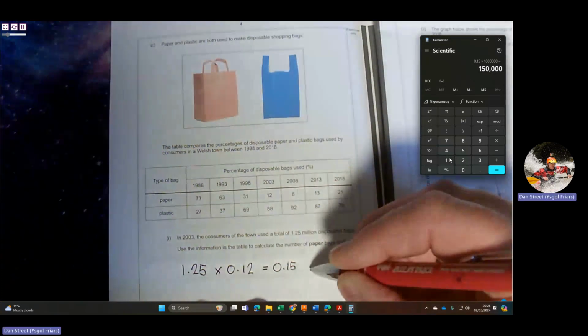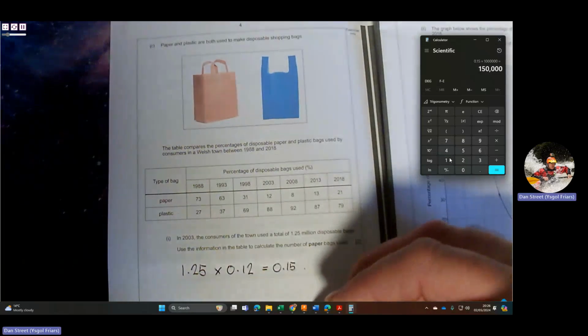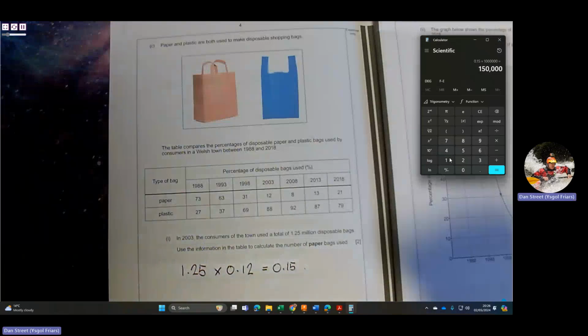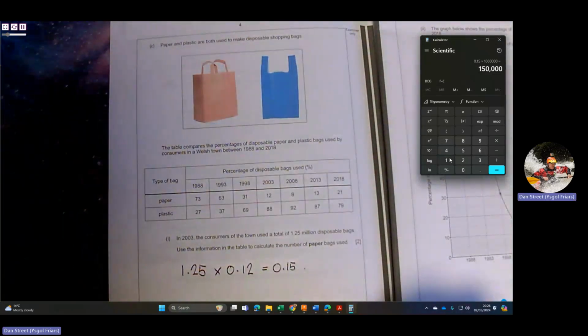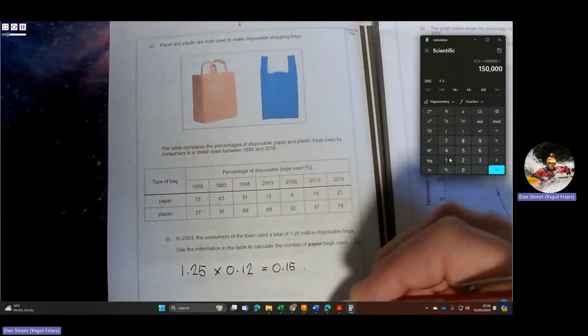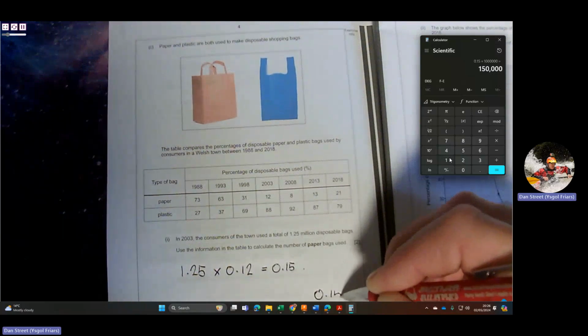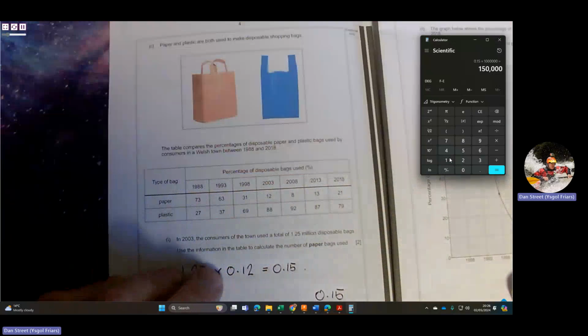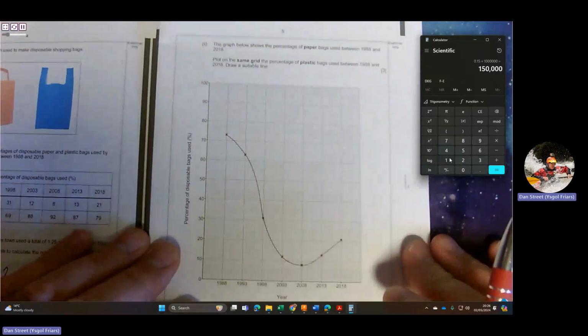Okay, so no, actually it wants the answer in million, so actually we can leave it at 0.15. 0.15 million. Okay.